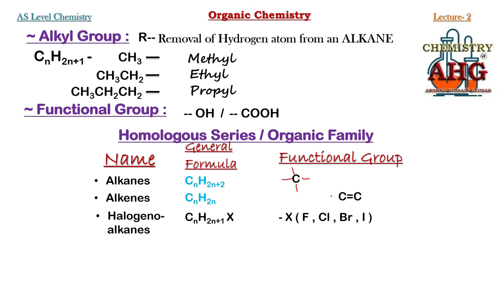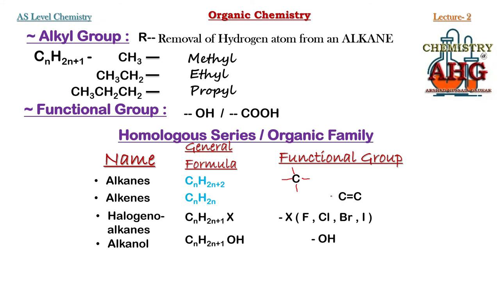Next comes alkanol. I have already told you the functional group of alkanol or alcohol: it is OH, hydroxyl. So its general formula will be CnH2n+1OH.